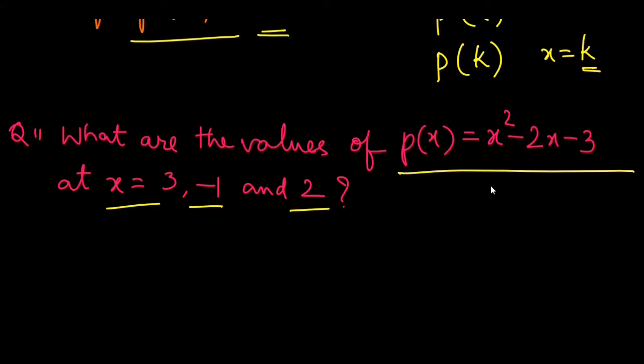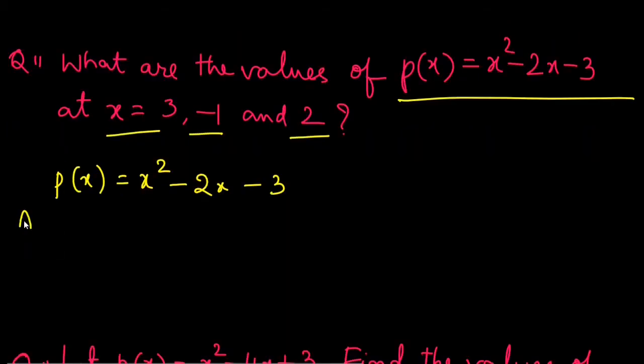If we get the value of polynomial as 0, then that value of x is called the 0 of the polynomial. The value of x for which the value of polynomial is 0 is called the 0 of the polynomial. Now the given polynomial here is p of x is equal to x square minus 2x minus 3.